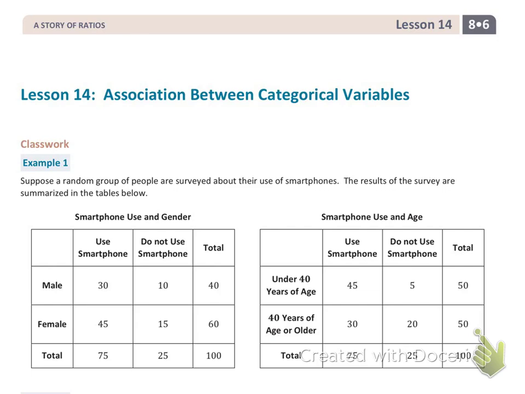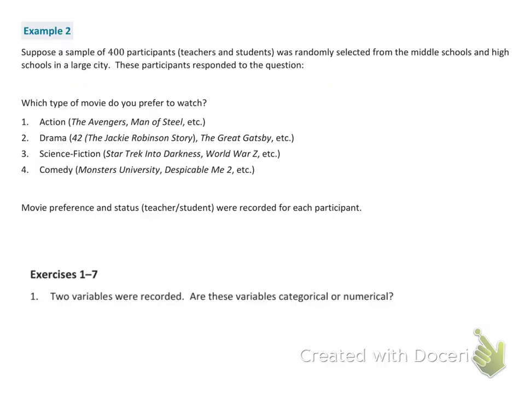It's kind of common sense, right? It's looking at data and seeing what it can tell us. Okay, so let's look at example 2. Example 2 says that suppose a sample of 400 participants was selected randomly from the middle schools and high schools in a large city.